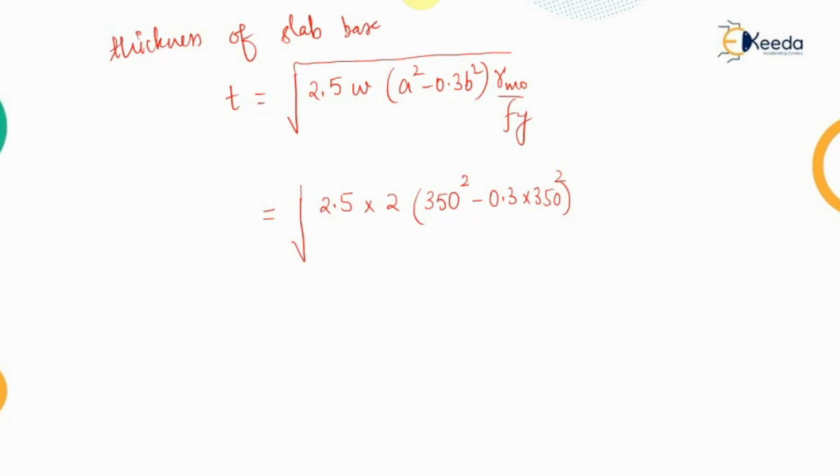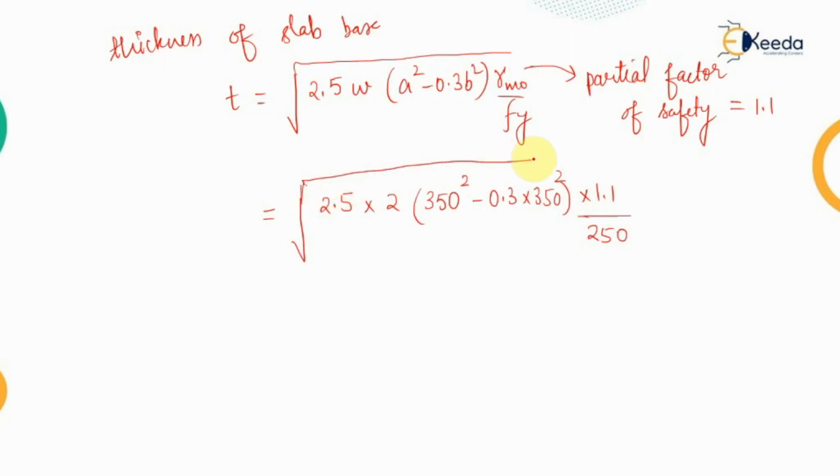Now this gamma m0 is the partial factor of safety for the material, that means for the steel. This partial factor of safety as per Indian Standard Code 800:2007 is taken as 1.1. So placing this value also in the equation, we will get 1.1 divided by 250, that is the grade of the mild steel of which the rolled channel sections are made.